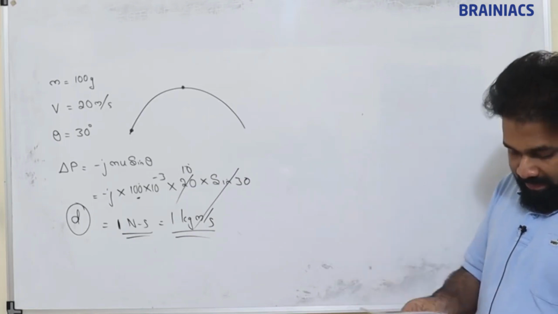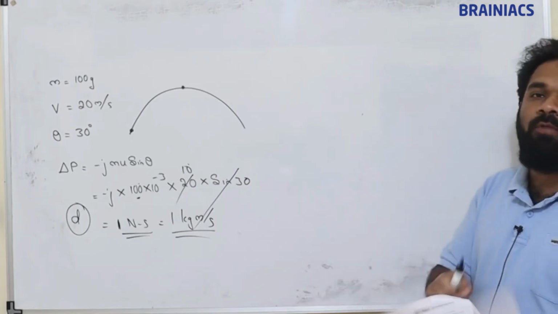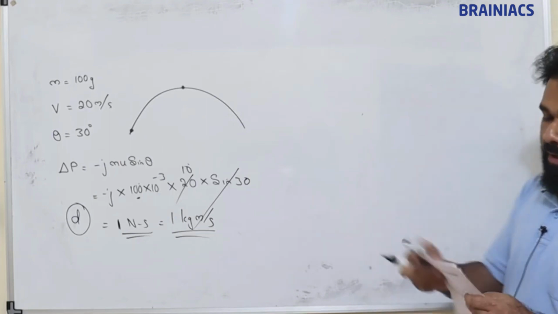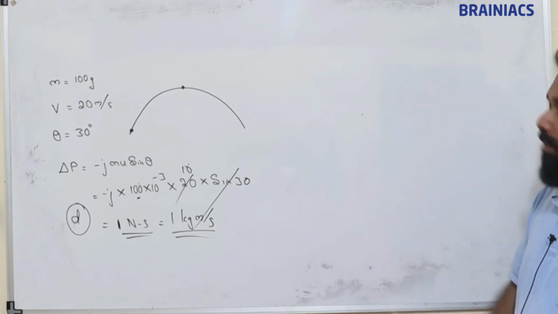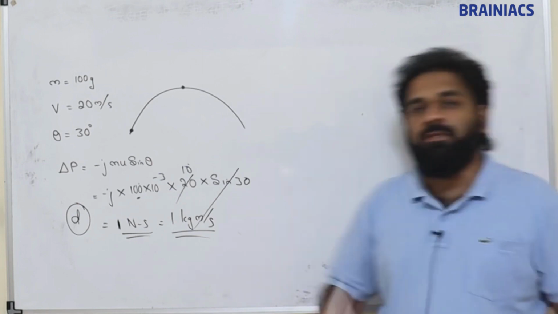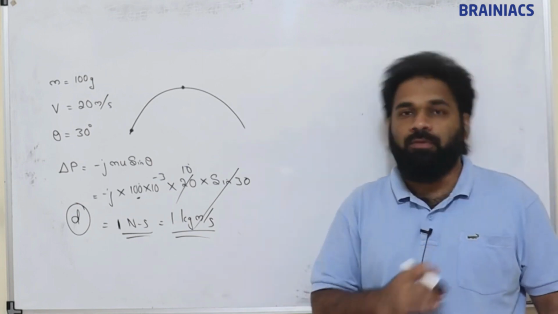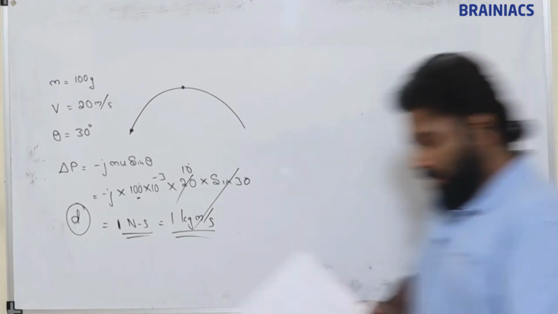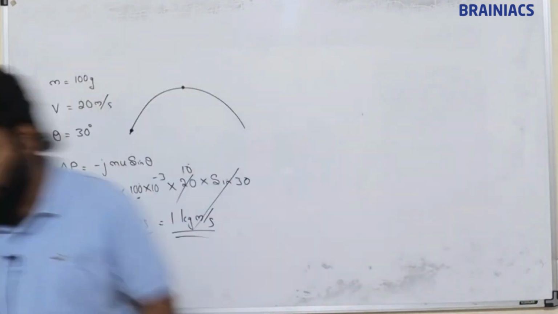The question is the momentum at the point of their collision. Options are given. For all these questions, just pause the screen and try to do it yourself. Then we will see what answer you are getting.